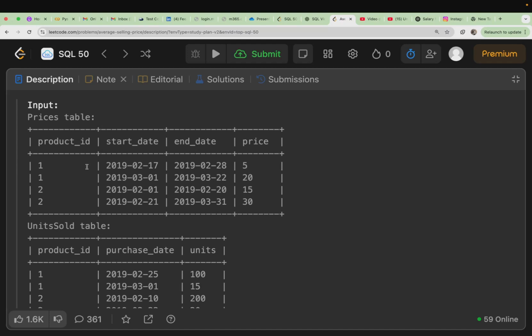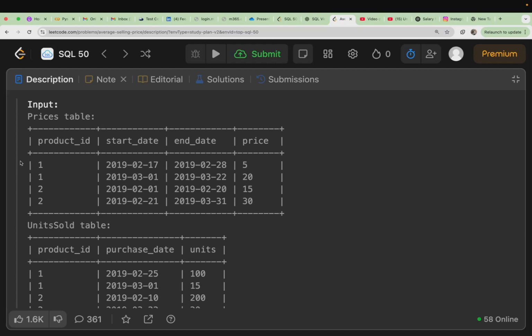Now let's look at the example table. So for product ID 1, the price is 5 from 17th of Feb till 28th of Feb, but it changes to 20 from 1st March to 22nd March.